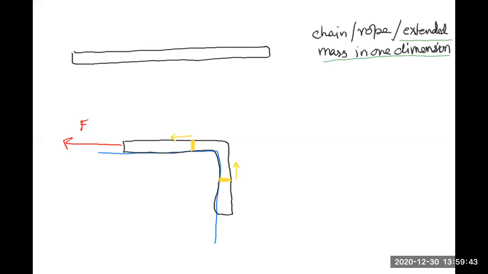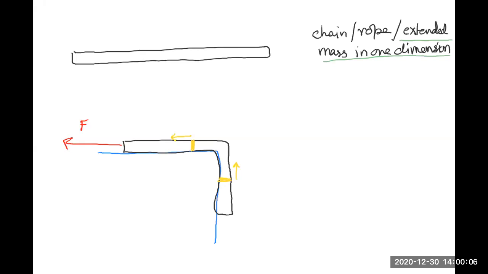So I hope I've made this clear that we are going to deal for the first time with an object whose mass is distributed over space. But we are limiting ourselves to an object whose mass is distributed in space in 1 dimension. Okay?